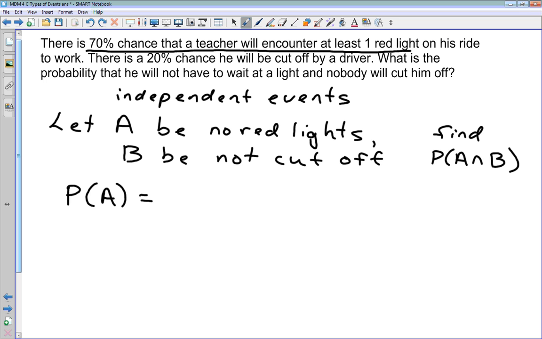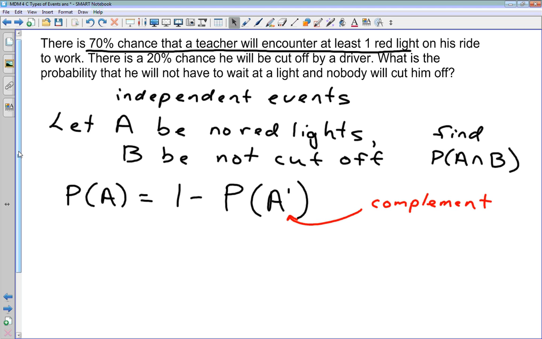We've talked about complements before. So the probability of A is going to be 1 minus the probability of its complement, A primed, which is what we are given in the question. The complement of no red lights is at least one red light. So for the probability of A we want 1 minus that 70% chance, or 0.30.